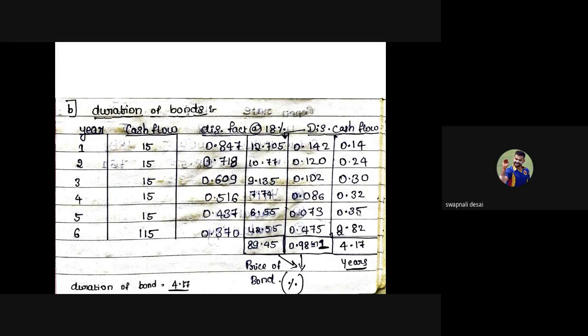So first year 15 I got, second year 15 I got, third year 15, fourth year 15, fifth year 15. Sixth year, along with the principal, the coupon interest is added. So 115 will be the 6th year cash flow. Till here, everyone has understood? Cash flow is concerned, the second column.